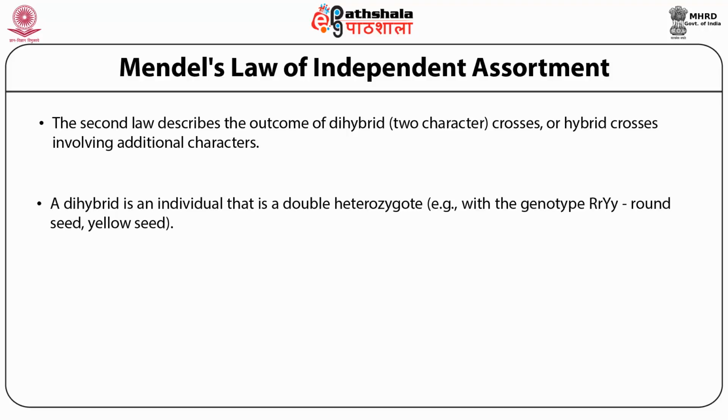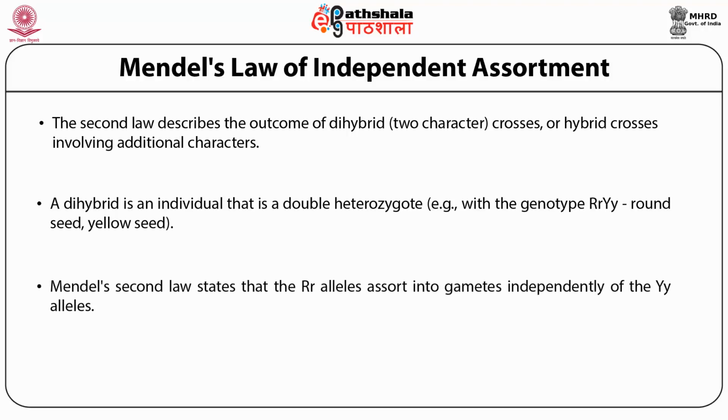It means round seed and yellow seed. Mendel's second law states that capital R along with small r alleles assort into gametes independently of the capital Y and small y alleles.